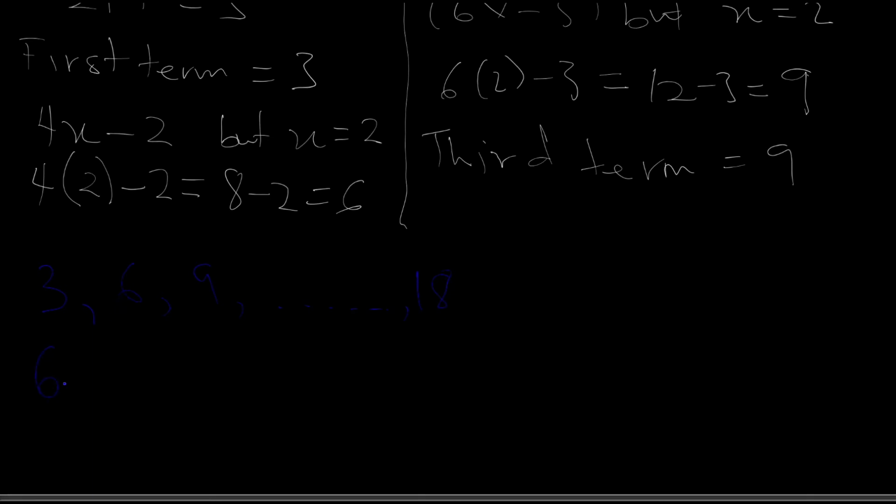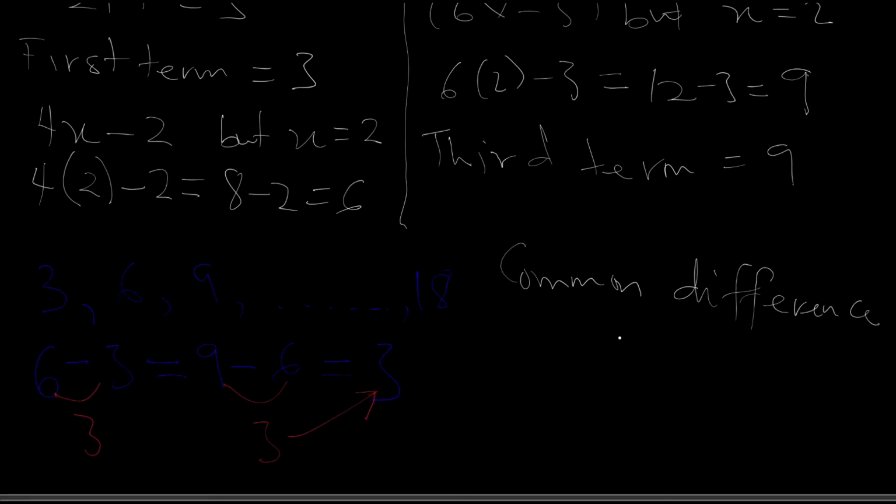We know that 6 minus 3 should be equal to 9 minus 6, which is equal to 3. So yes, we get the same difference. So our common difference is 3. Good.